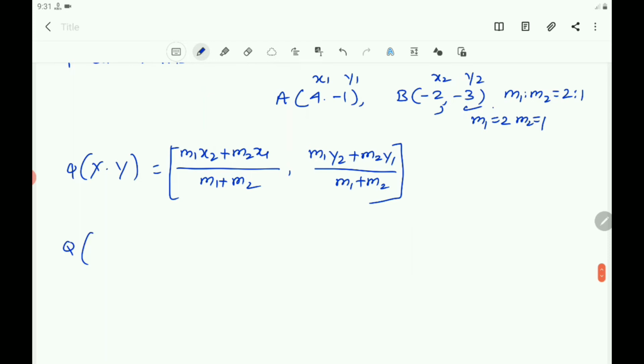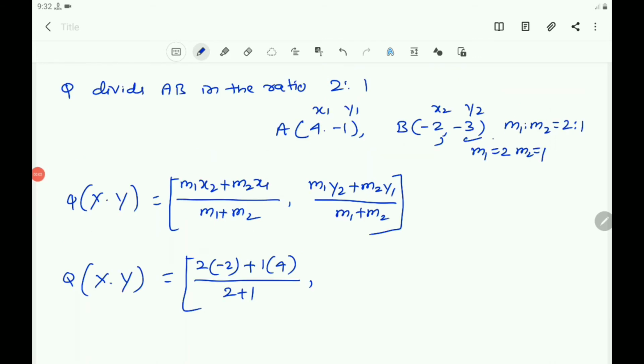Then Q of (X, Y) equals m1 is 2 into x2, x2 is -2, plus m2 is 1, x1 is 4, by 2 plus 1. Then m1 is 2, y2 is -3, plus m2 is 1, y1 is -1, by 2 plus 1.